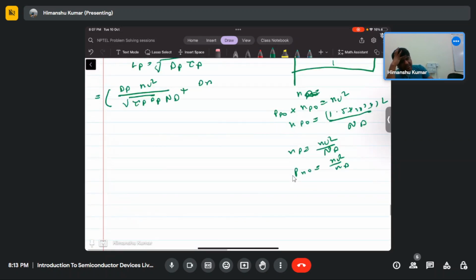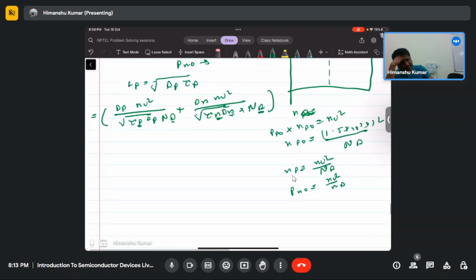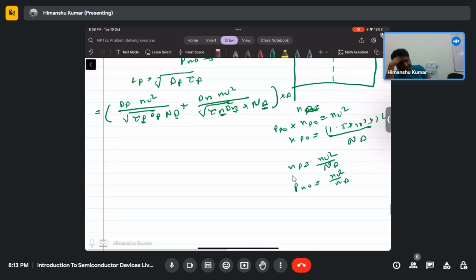Similarly, Dn Ni square by square root of tau n Dn multiplied by Na. So the cross term comes, where the n type has the acceptor term and the p type has the donor term. Multiply by the area, and this is the total reverse saturation current.